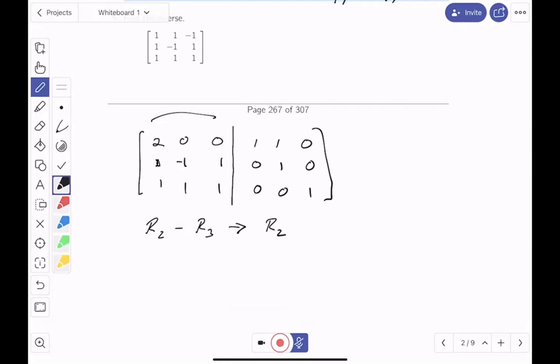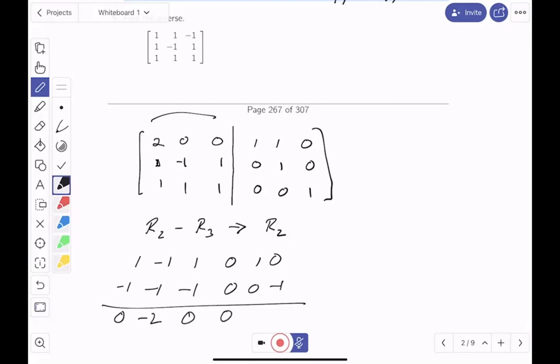Row 2 is 1, minus 1, 1, 0, 1, 0. Minus row 3 would be minus 1, minus 1, minus 1, 0, 0, minus 1. Add that together, what do you get? You get 0, minus 2, 0, 0, 1, minus 1.